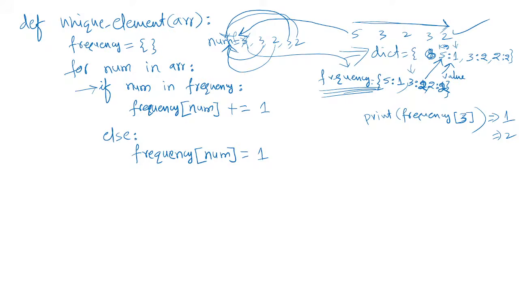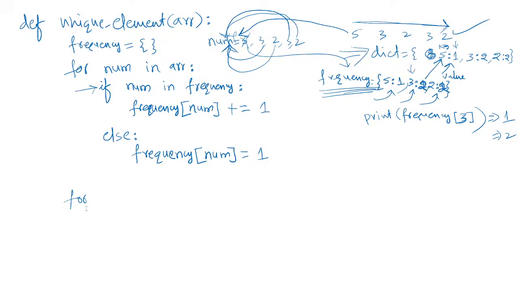That means you need to access each element of the dictionary. This is outside of the for loop. If you write one more for loop, it doesn't change the time complexity. The time complexity will be order of n only.